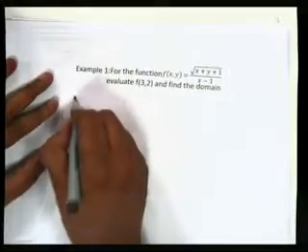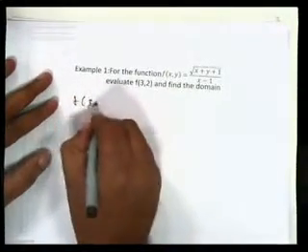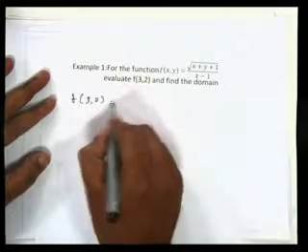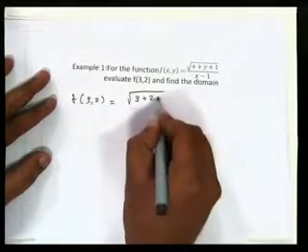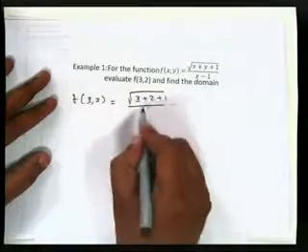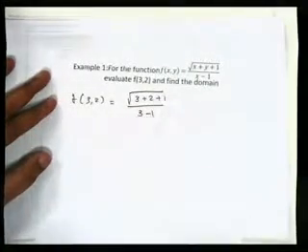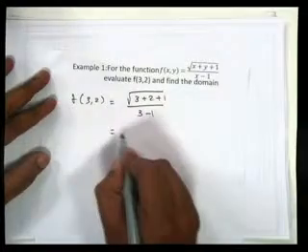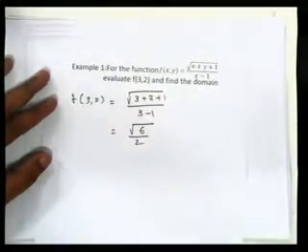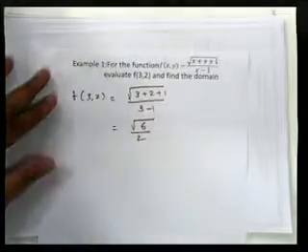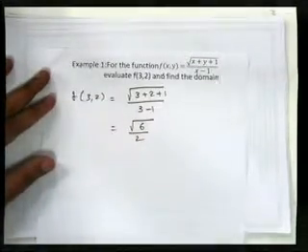So f of 3 comma 2 is equal to square root of 3 plus 2 plus 1 divided by 3 minus 1, right? This is equal to square root of 6 by 2. This way we can find the value of f of 3, 2.